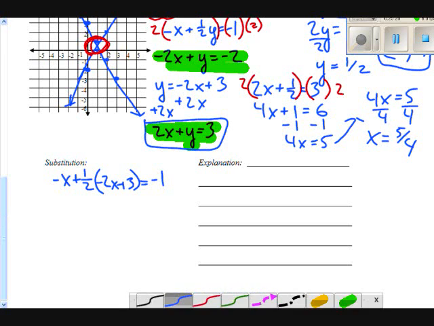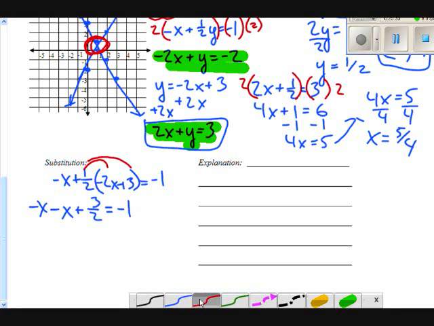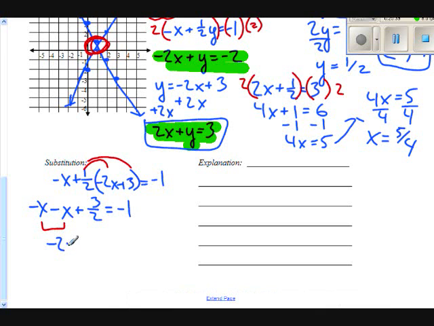So here with the 1/2, I've got to distribute the 1/2. So that's going to be a negative x minus x plus 3/2 equals a negative 1. Again, combine like terms. The x values over here, so that's going to be a negative 2x plus 3/2 equals a negative 1.